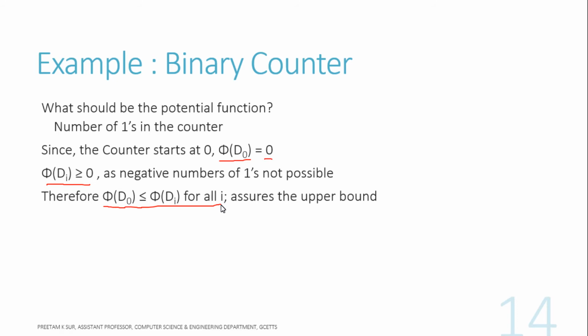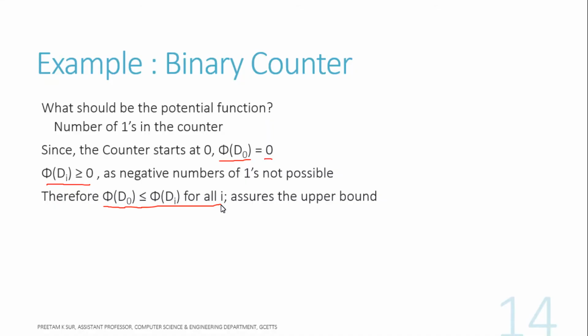You can remember from the previous part that if phi of d0 is less than or equal to phi of di for all i, then the actual cost is going to be upper bounded by the amortized cost of the operation, right? So here we have proved that this condition is going to hold, or this condition is true, right?